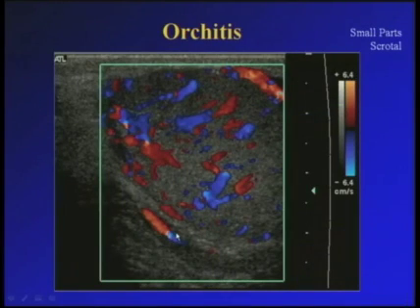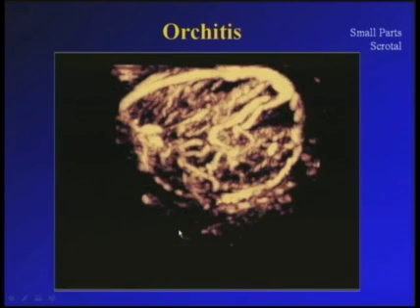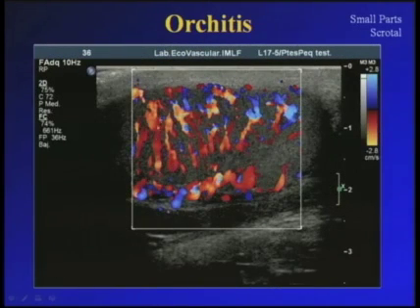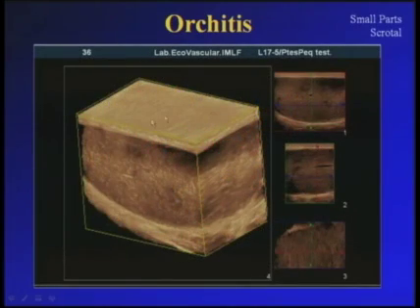Another example of orchitis with color Doppler and then with 3D power Doppler. An example of orchitis, hypervascularized, and then the three-dimensional reconstruction.